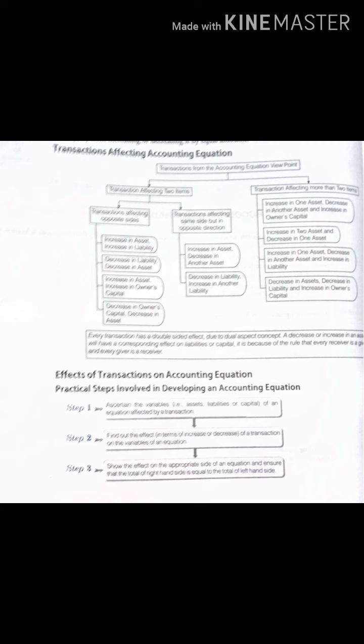Next is increase in two assets and decrease in one asset. Okay, increase in one asset, decrease in another asset, and increase in liability. Okay, next is decrease in assets, decrease in liabilities, and increase in owner's capital. Okay, so every transaction has double effect. This is what we checked out.